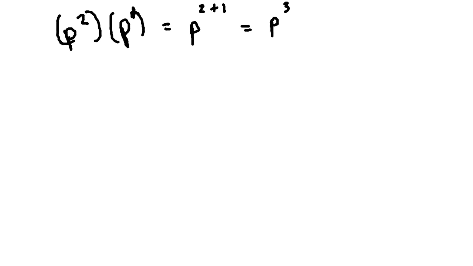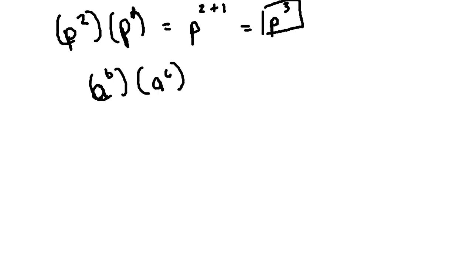So we have this rule. If I have A to the power of B times A to the power of C, these are just rules, then I add the exponents. And we'll talk about the different rule when we have an exponent raised to an exponent later. But when I have two variables side by side like this with different exponents, but the variable is the same, I can add them.